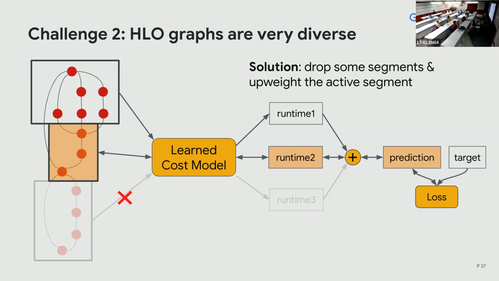Another question? It seems your graph is quite sparse. Do you think a graph neural network is even needed? So the question is that these graphs we are looking at are quite sparse, which is true, because each node usually has a few inputs and one output, right? And the question is whether, when the graph is that sparse, we really need a graph neural network.